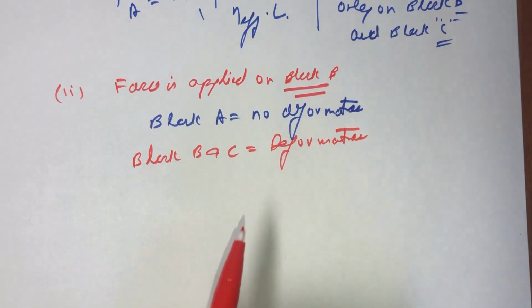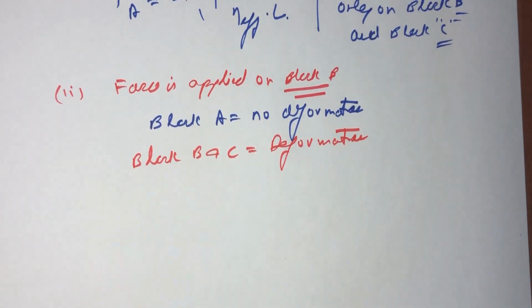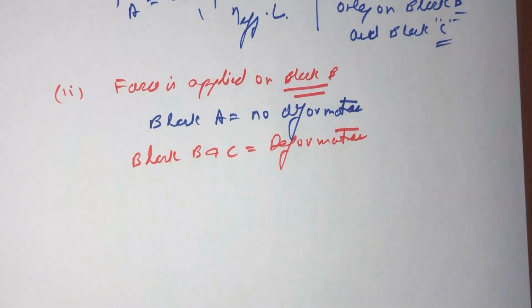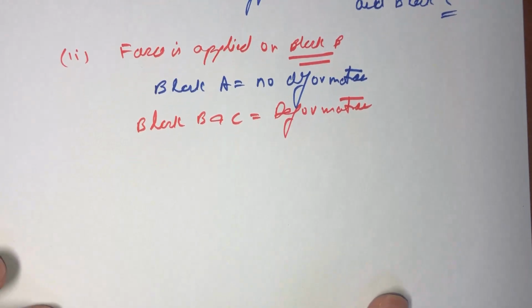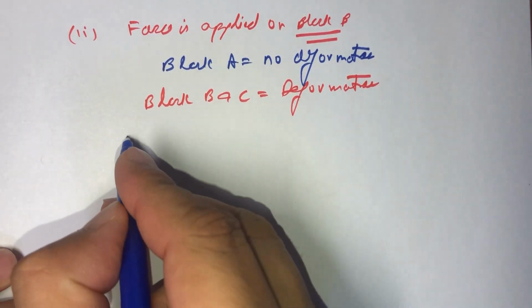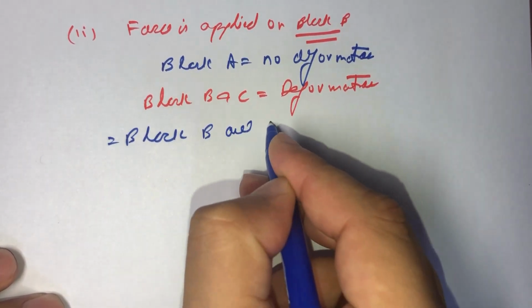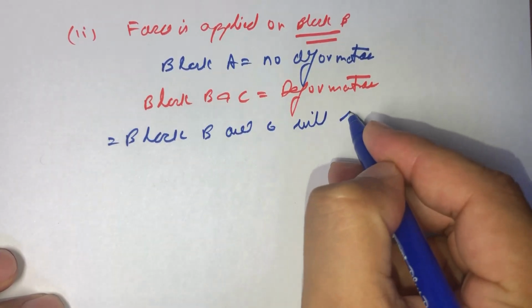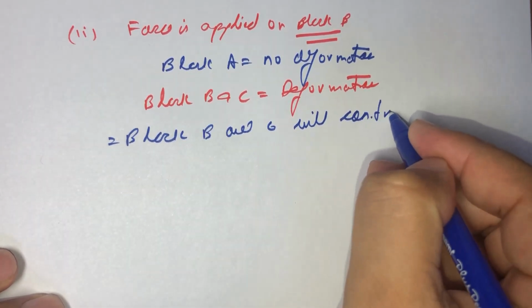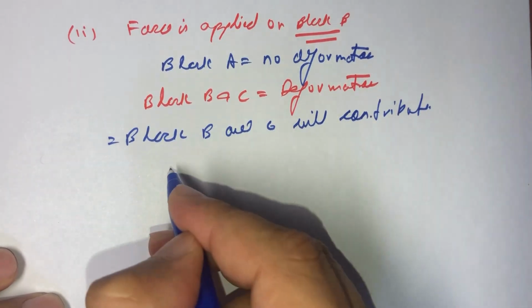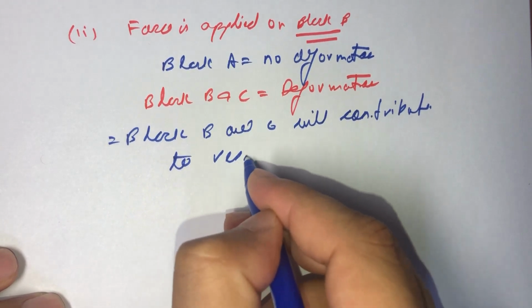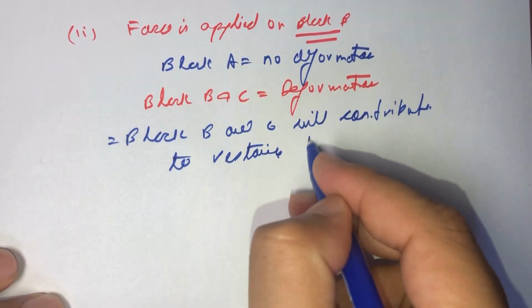It means the shearing force will only affect block B and block C. So once again, only blocks B and C will contribute to the restoring force.